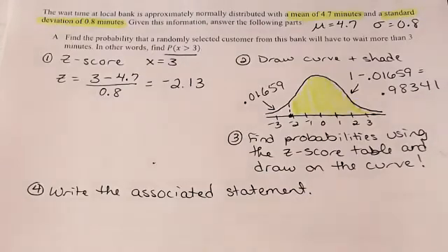What could you say in response to this particular problem? Find the probability that a randomly selected customer from this bank will have to wait more than 3 minutes. How would you write your statement? What do you think? Don't be shy.